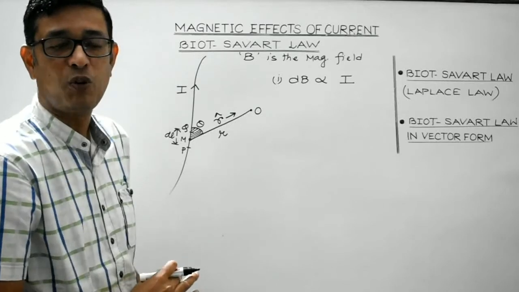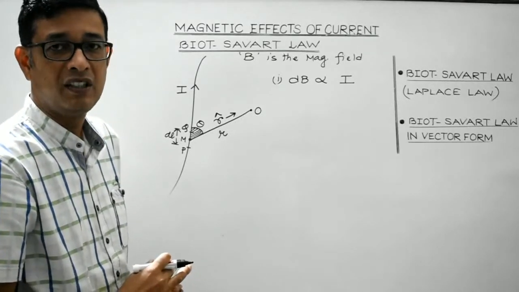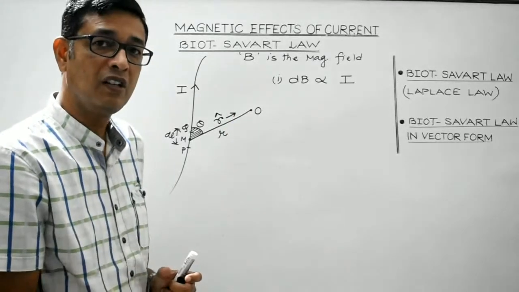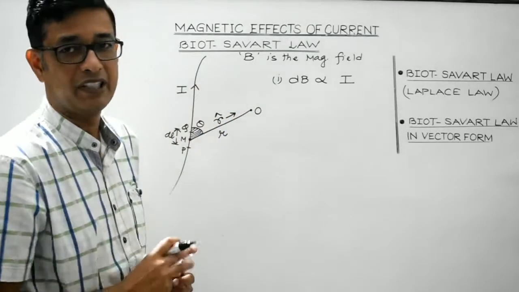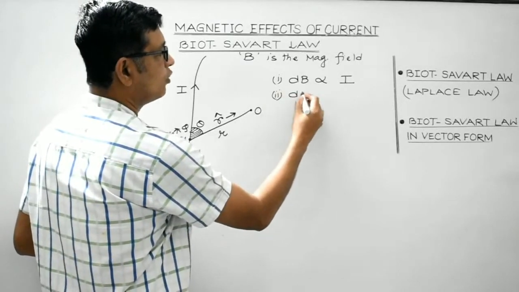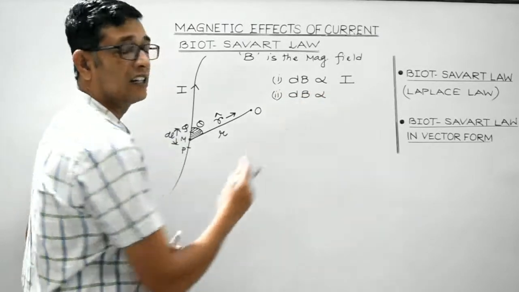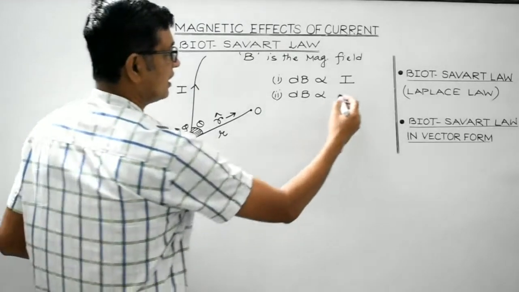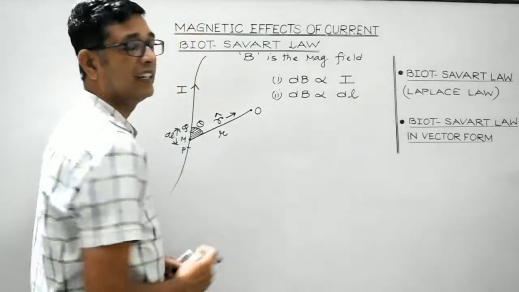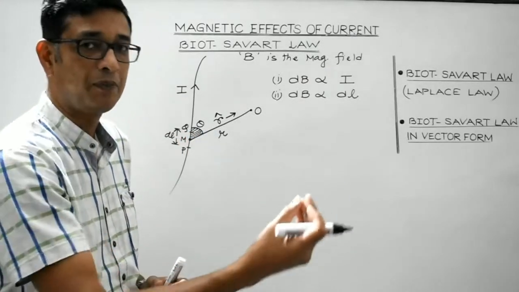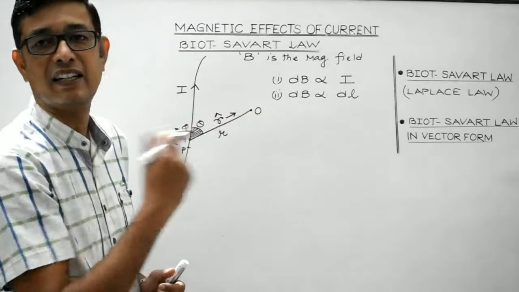So what Laplace or Biot-Savart observed was the strength of the magnetic field at a point is directly proportional to the current flowing through the elementary portion. Second, they also found that it is directly proportional to the length of the elementary portion. That is, greater the length of the current-carrying conductor, more is the strength of the magnetic field at a point around the current-carrying conductor.